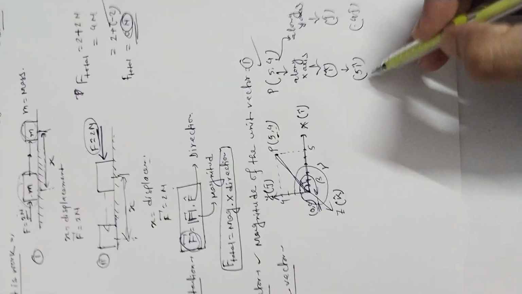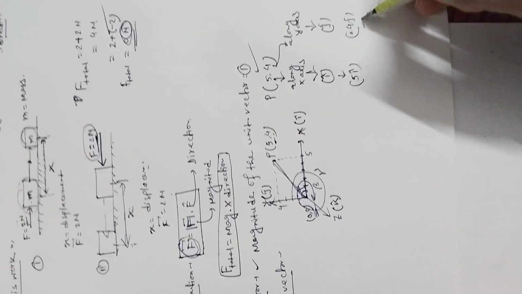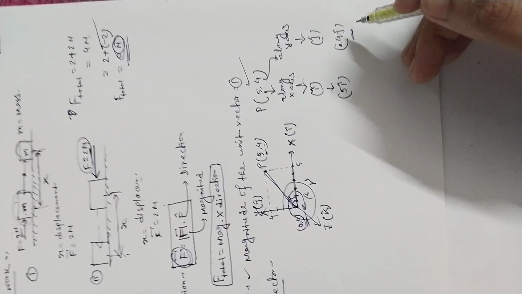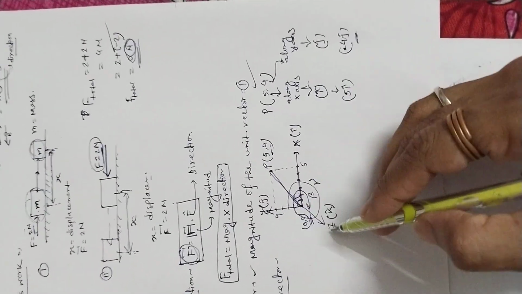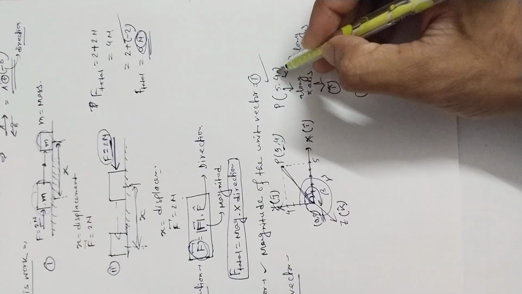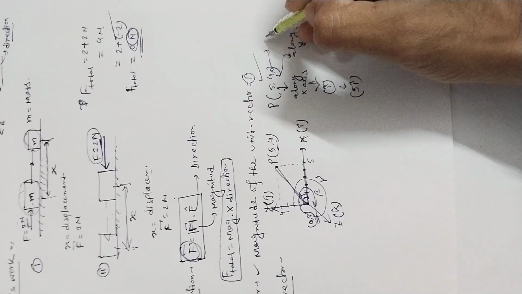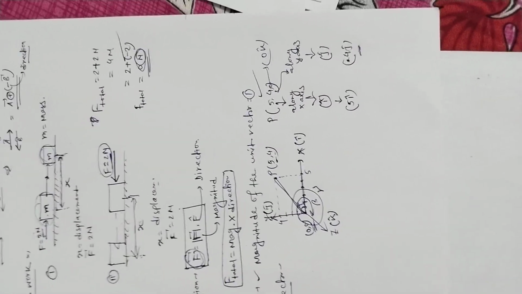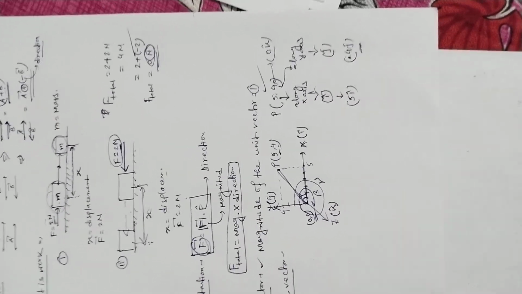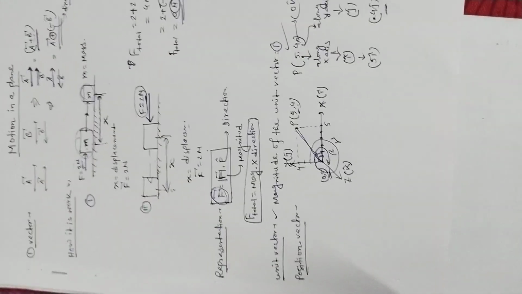Along the z direction it is 0, so 0 k cap. It is the position vector.